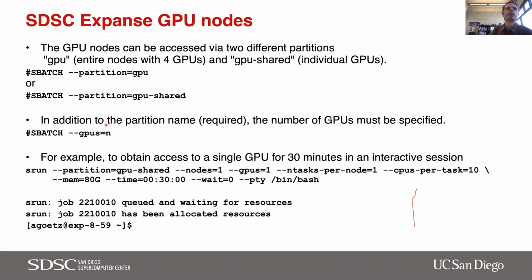If you don't need a full GPU node, how many GPUs you want, you specify with --gpus. And you could use srun, for example, to get access in an interactive session. So if I were to do that, I'd just wait until resources are free, and then I would be logged into a compute node.